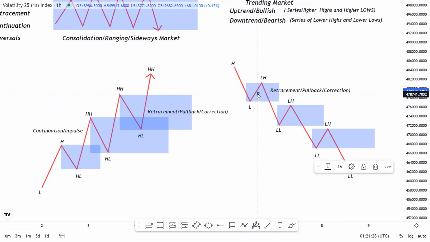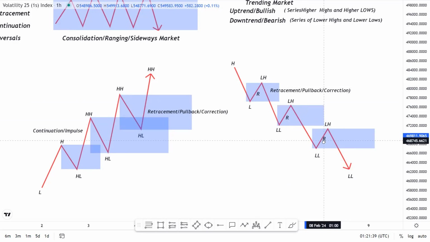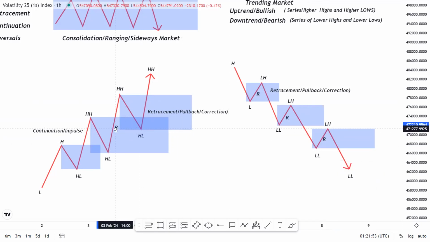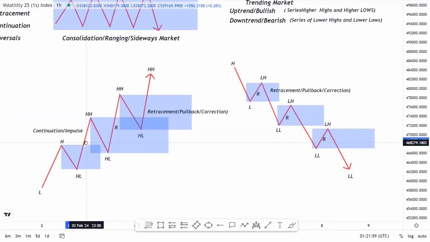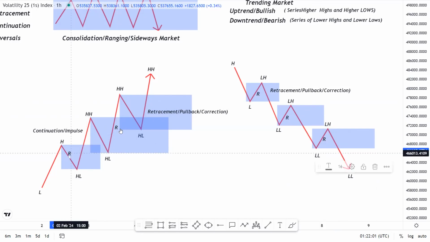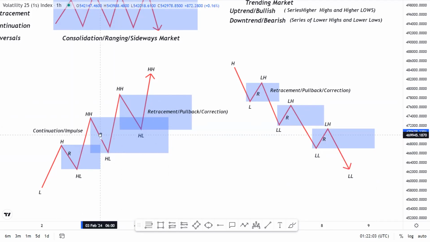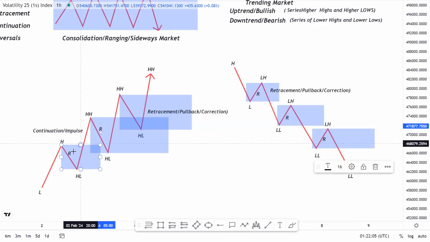Every one of the buy moves are the retracements. Just like we have every one of the sell moves for an uptrending market being our retracements right here.